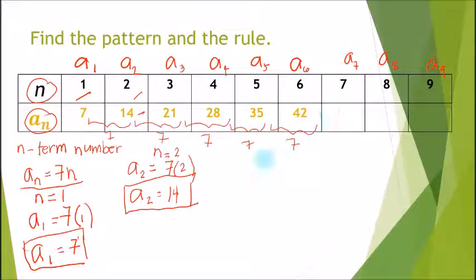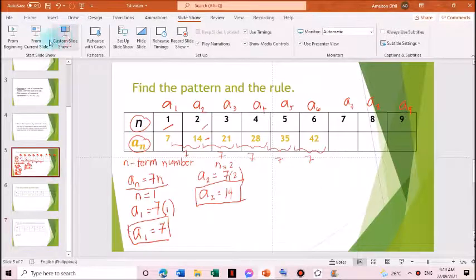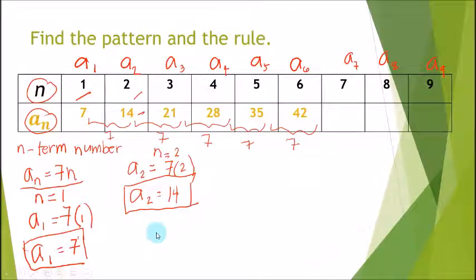Now, using the general rule for this sequence, we will find our 7th term, a sub 7, 8th term, a sub 8, and the 9th term, which is a sub 9.